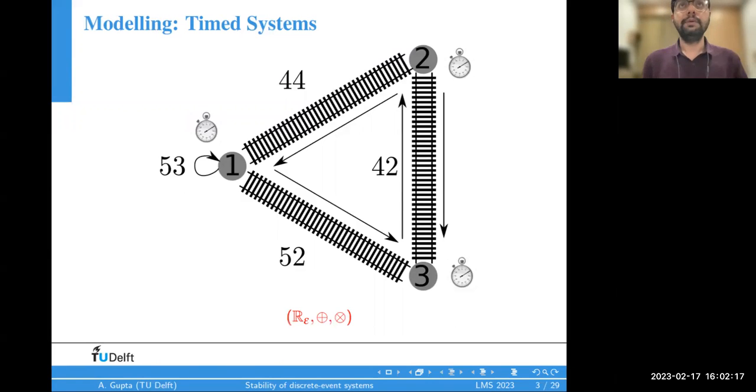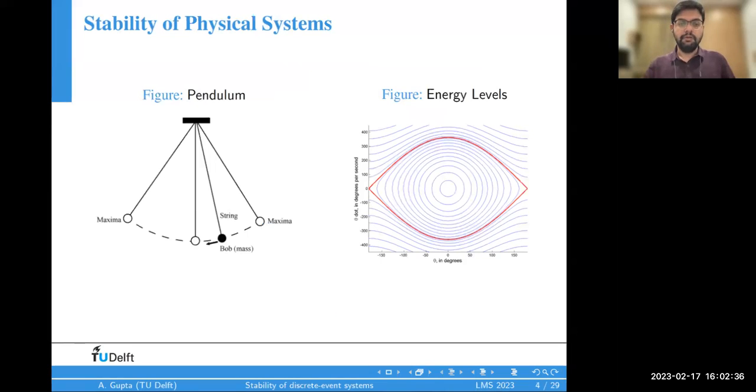Okay, so looking into stability. Because again, I'm more from the physics engineering side of study, I thought about such systems from the point of view of physical systems and how stability is studied in those systems. So let's consider an example of a pendulum. Let's say the pendulum is at an equilibrium state and we flick it.